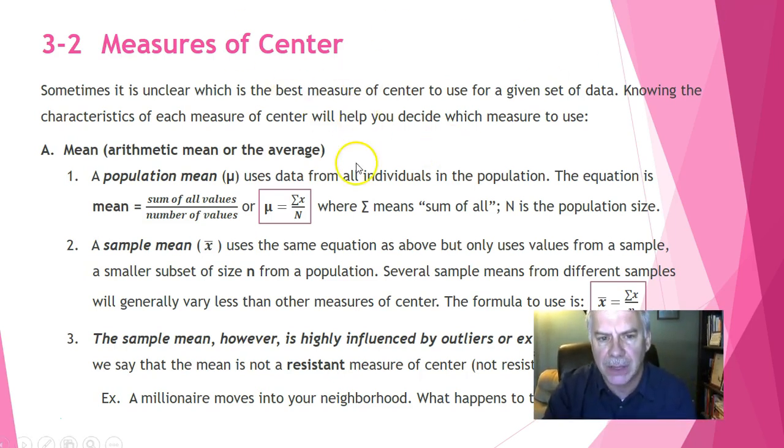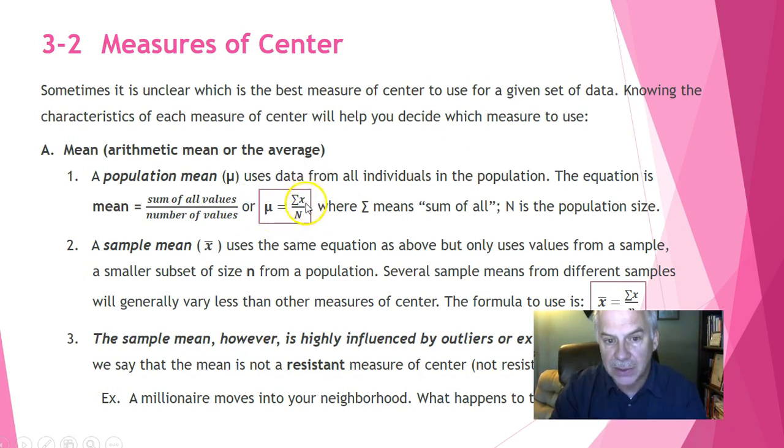So a population mean uses data from all individuals in the population. The equation is mean equals the sum of all values over the number of values. And this is the symbolism. This Greek letter is mu, and it looks like a U but with an initial tail to it.